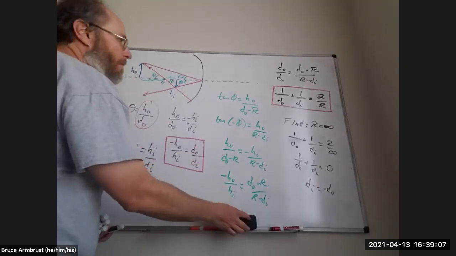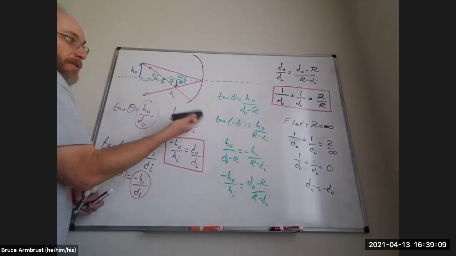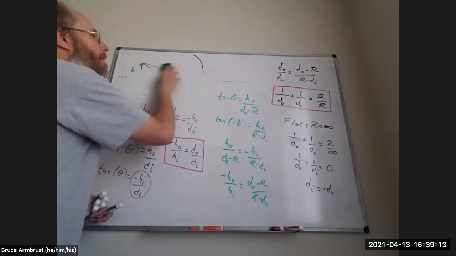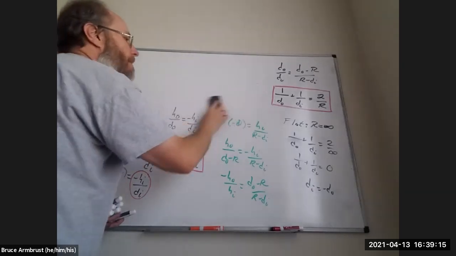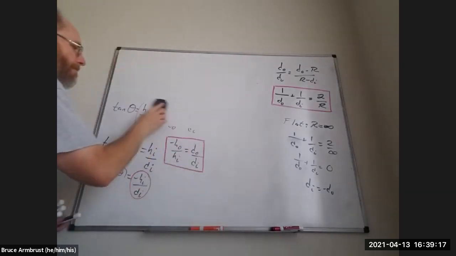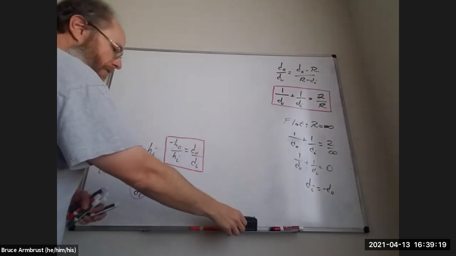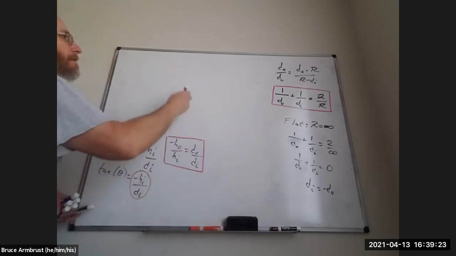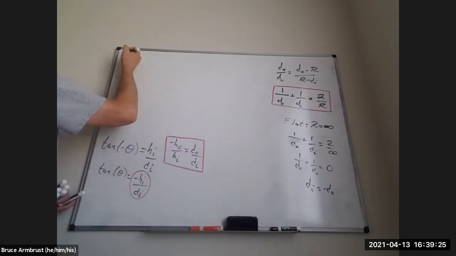All right, well, one more thing I want to add to this before we do an example, just so you can kind of see how this plays out. I don't know if you remember, but I mentioned the small angle approximation. And in terms of the mirror, it was this.